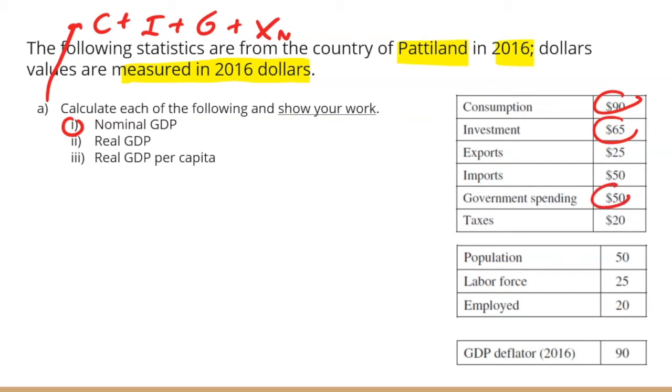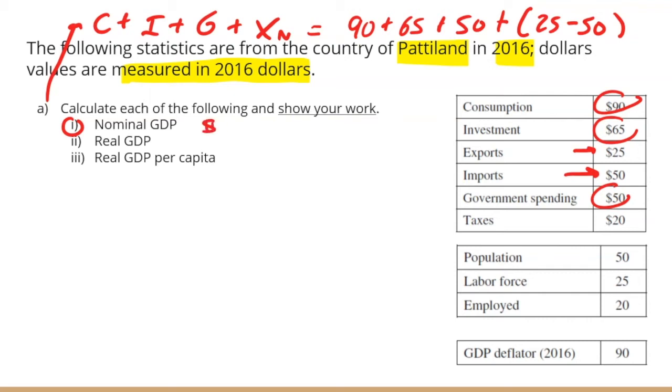So right now we have 90 plus 65 plus $50. Now we have to get to our net exports. Remember, net exports is just exports minus imports, so plus 25 minus $50. If we do 90 plus 65 plus 50 plus negative 25, that should get us to $180.